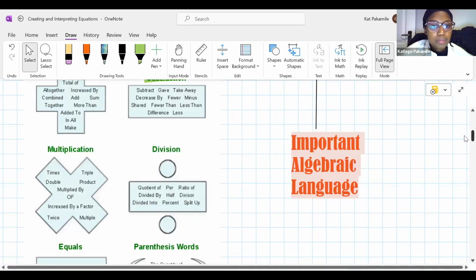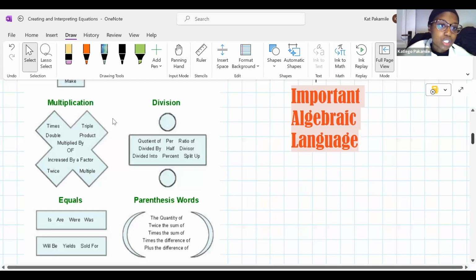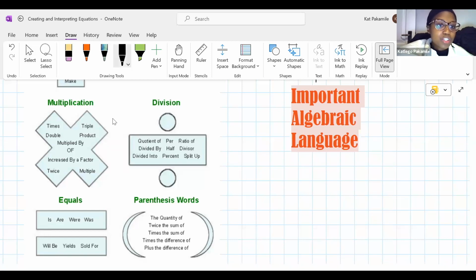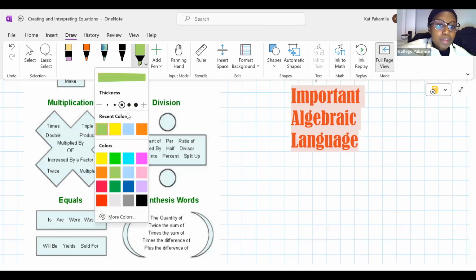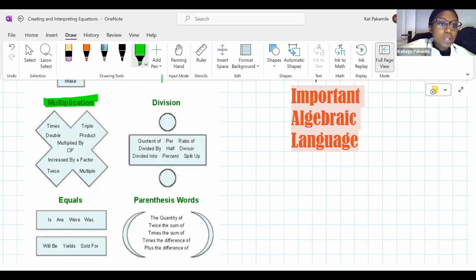And then we have multiplication. For multiplication, we use words like double something, triple something. Let me use green. And the important one is also "of". If I say 2% of this, then we all know "of" sums have to do with multiplication.